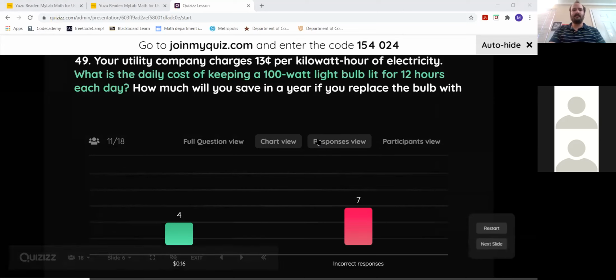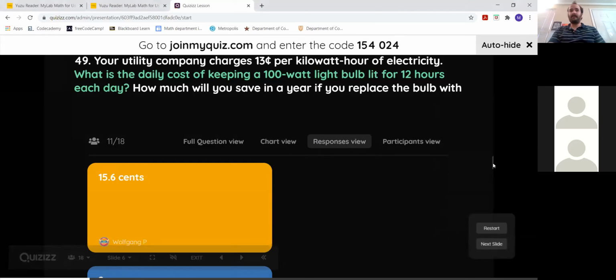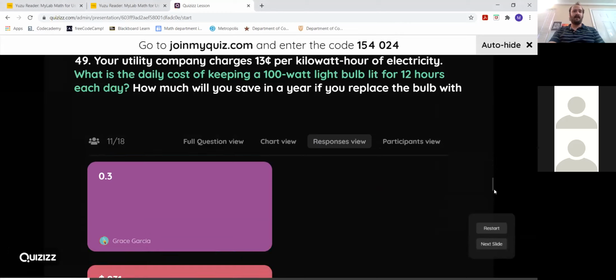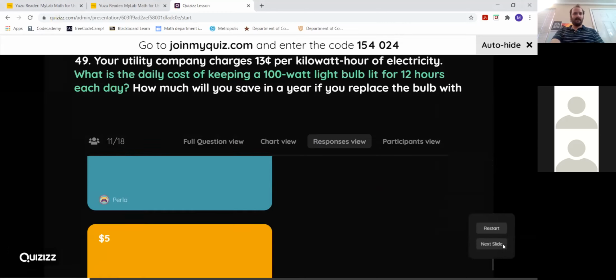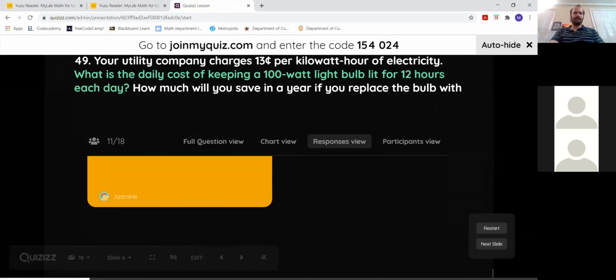So it should be 16 cents. Where are we again? 15.616. Yeah, I didn't do it in cents. So if you're doing it in cents, I don't know what to say. That's the next question.